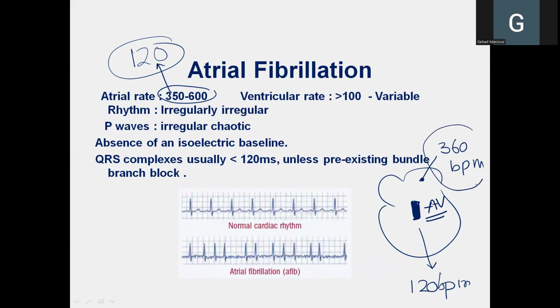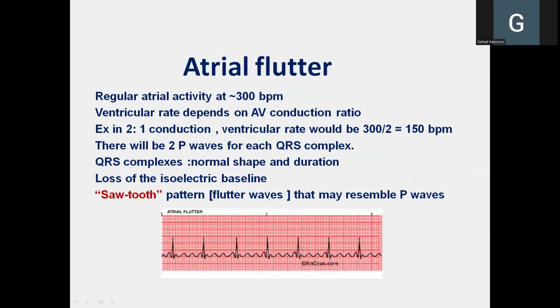In such a case, we can say that there has been a 3-to-1 block because we have reduced the number of waves that reach the QRS complex to 1/3.